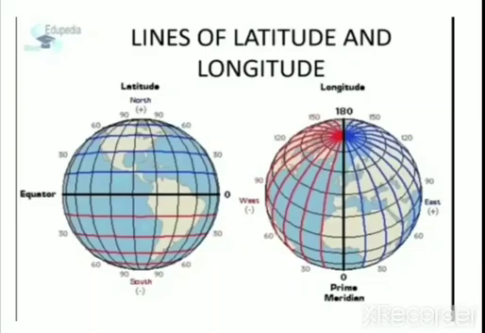And here you can see the prime meridian, it passes through Greenwich in England. Both the equator and the prime meridian are imaginary lines.